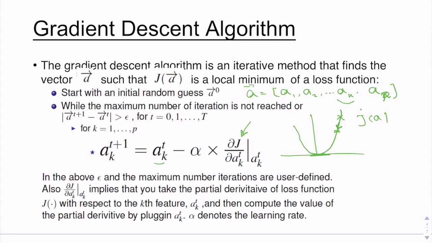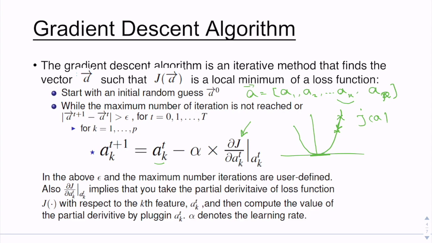But usually when you're dealing with a very complex function, it's not achieved. So therefore we define that when the difference between the parameters at the current state and the previous one is smaller than a threshold, and this threshold is a small value, then we stop the gradient descent, or we set a maximum number of iterations.